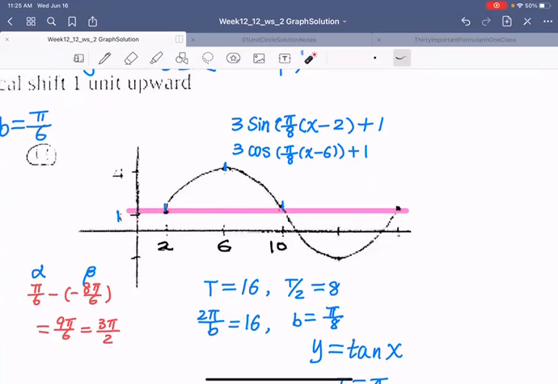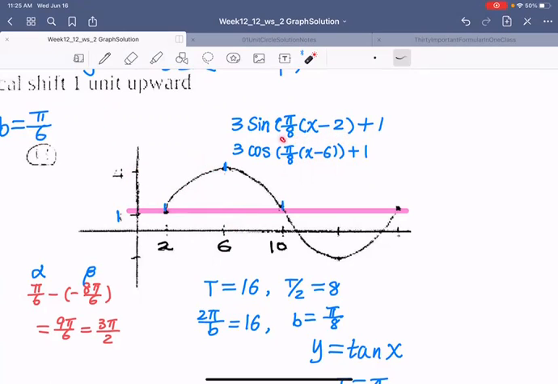If I ask you to do the cosine, you redraw the graph from the maximum point, and then you're going down. And now your new position is located at x equals 6, reaching the maximum. So you have a horizontal shift to the right by an amount of 6. So you have a minus 6 here. Okay? Does that make sense?